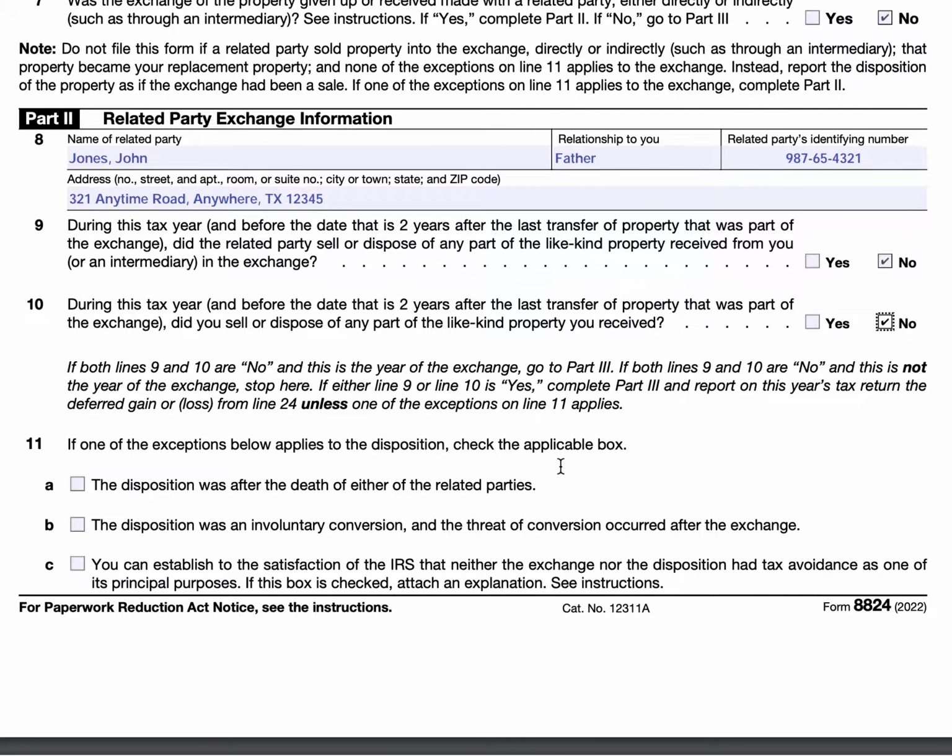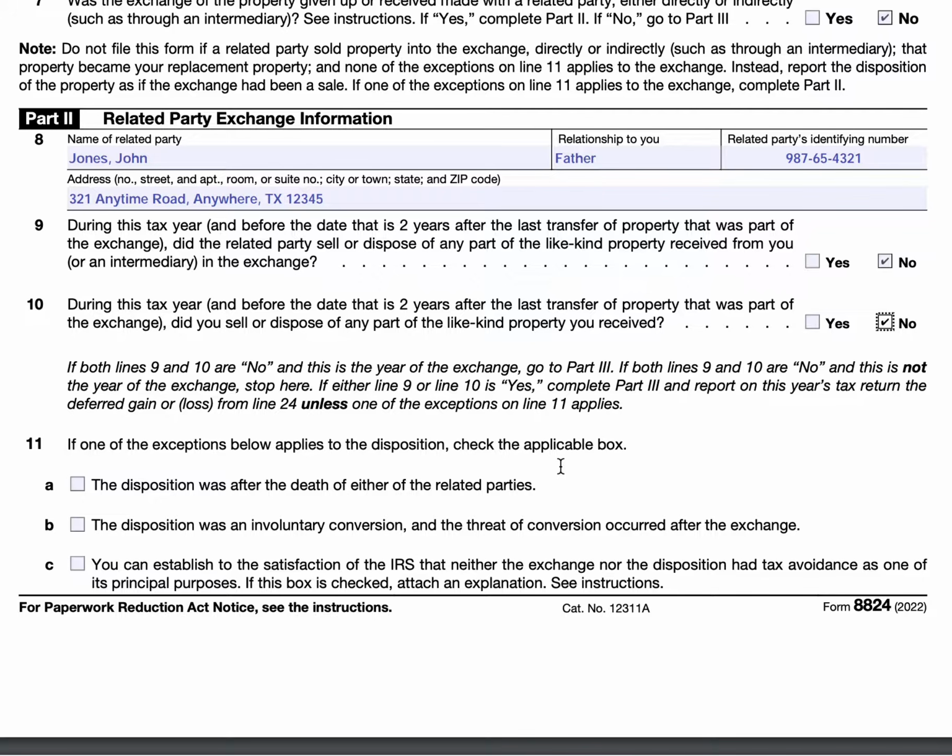So you'll need to attach a written explanation, and most likely you'll need to have your tax professional help you come up with some sort of a justification that meets the IRS guidelines for satisfaction. And there are certain criteria that you can find in the form instructions that would indicate, if you can truthfully say things of that nature, then the IRS will be satisfied that your primary purpose was not tax avoidance.